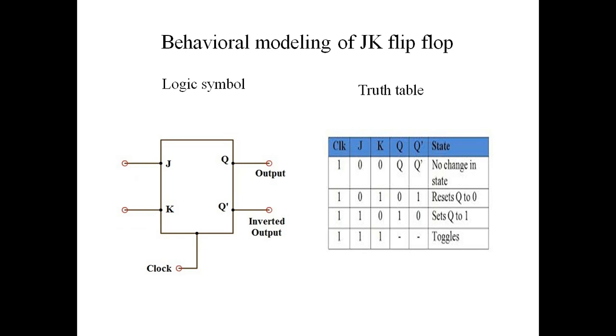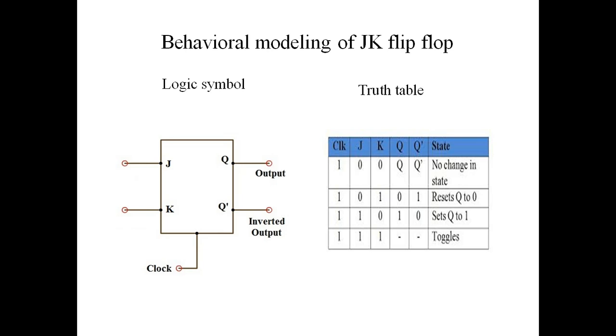The JK flip-flop has two data inputs J and K, one clock signal input clock, two outputs Q and Q bar. When J is low and K is low, the Q returns its previous state value. That is, it holds the current state. Okay. When J is low and K is high, then flip-flop will be in reset state.